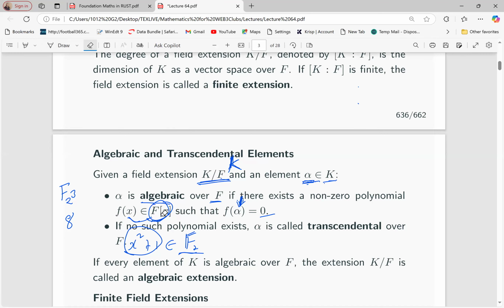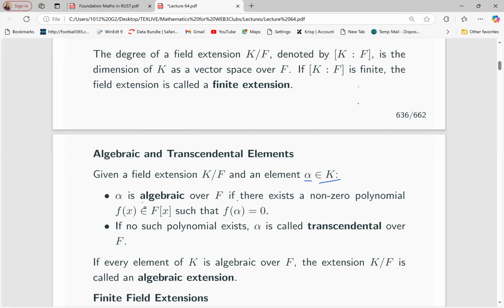Now, in some cases, you'll find that we don't get such polynomials. You can search for this polynomial and you will not find it. That alpha will not be a solution to any polynomial. We will have some members of this extension that will be solutions to some polynomials, but we will also have some members that will not be solutions to any polynomial.